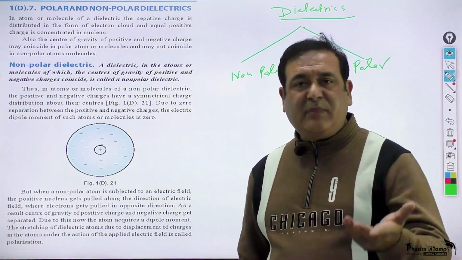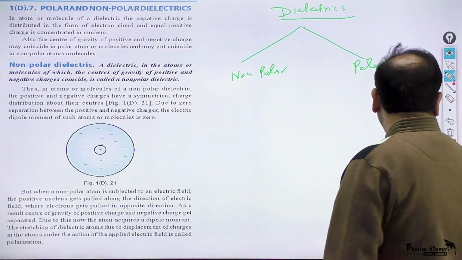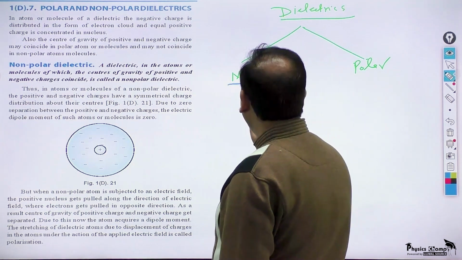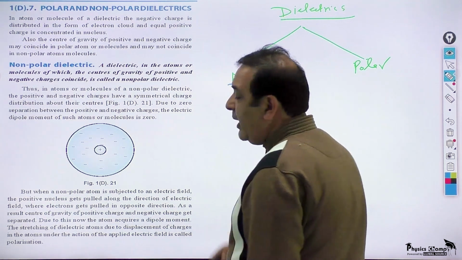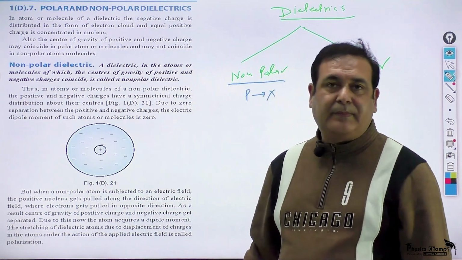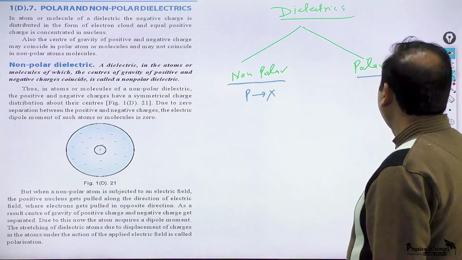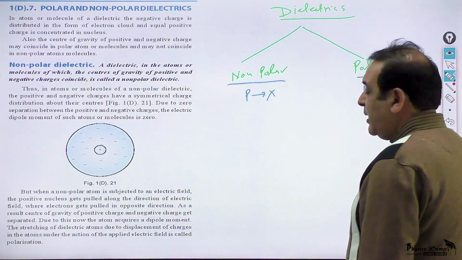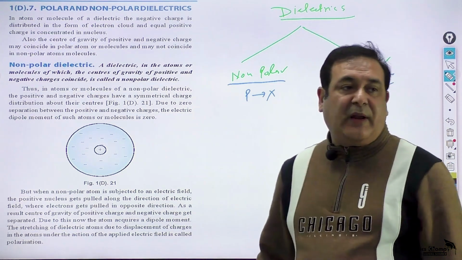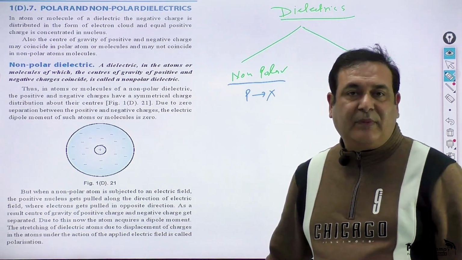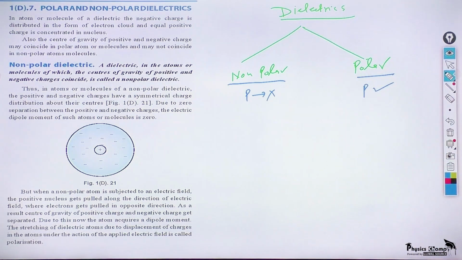As their names suggest, non-polar dielectrics do not have a permanent electric dipole moment, and polar dielectrics have a permanent dipole moment all the time.